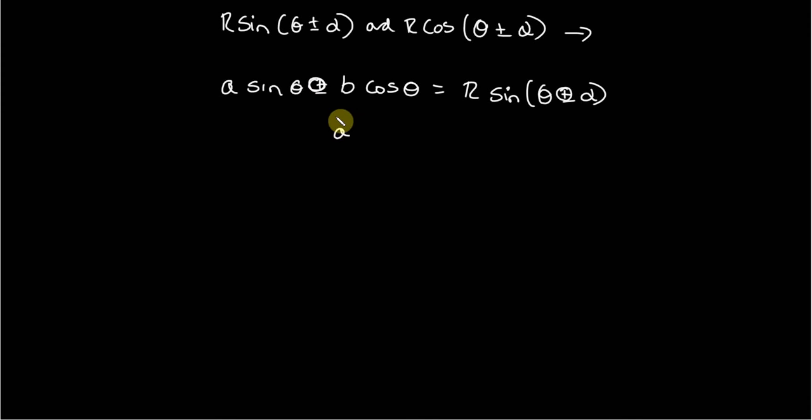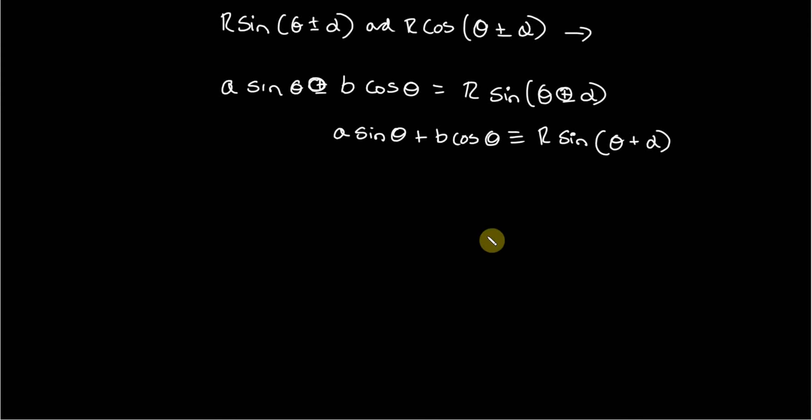We get a sine theta plus b cos theta, and we're setting up an identity where this is equivalent to R sine theta plus alpha.